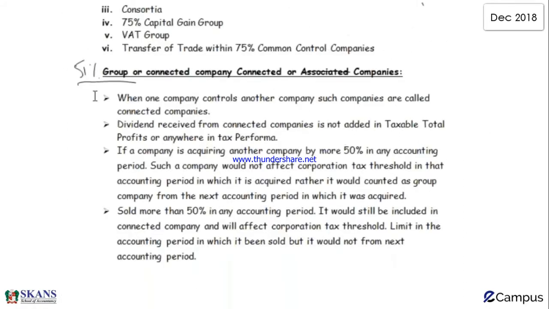which none of us are actually interested in, because when we say payment of tax, make sure this group has direct impact upon payment of tax, but it does not have any impact upon calculation of tax, because the threshold limit is only relevant to payment of tax. Secondly, the income which we receive from such companies is called dividends.